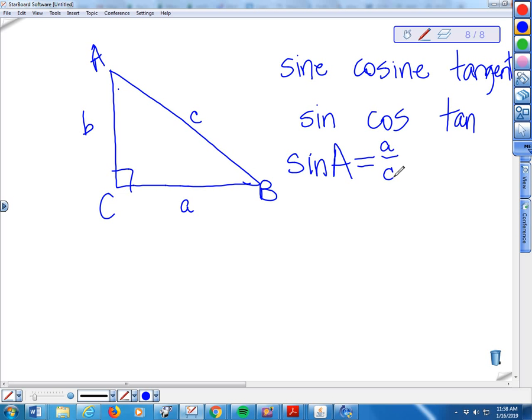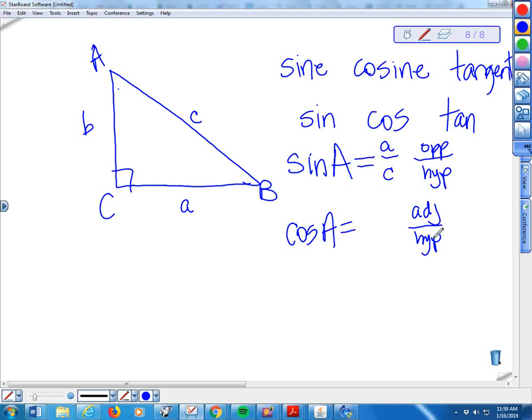Opposite over hypotenuse is sine. Cosine of angle A is adjacent over hypotenuse.